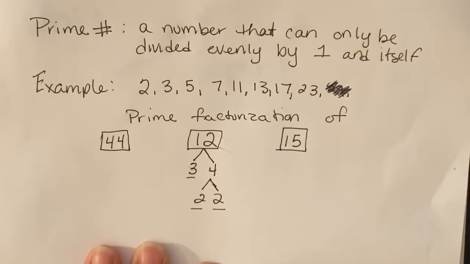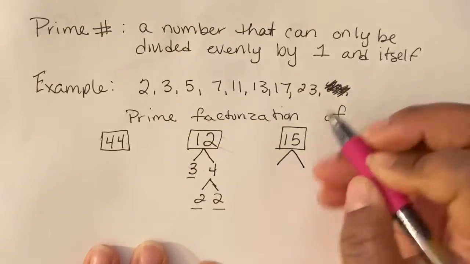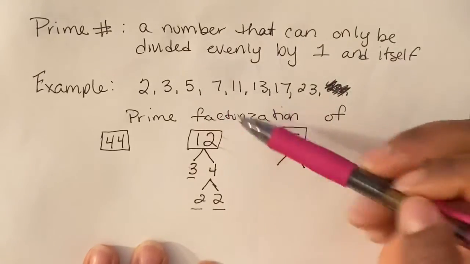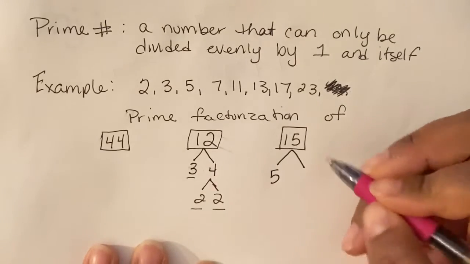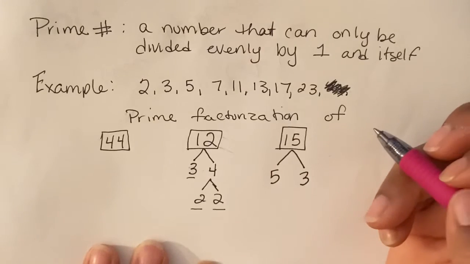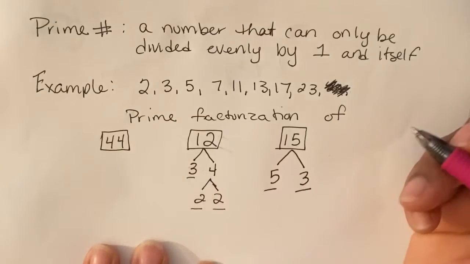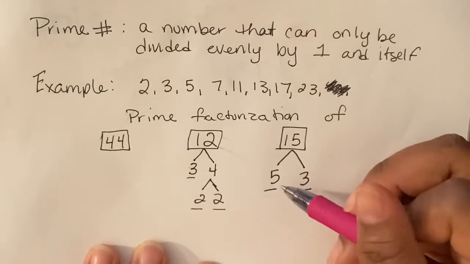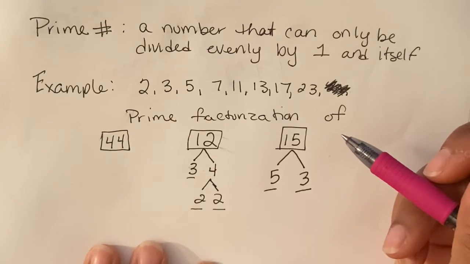Let's try 15. The largest prime number that goes into 15 is 5. So 5 would be my prime. 5 times 3 is 15. And fortunately, this is the quick prime factorization because 5 and 3 are both prime numbers. Okay.